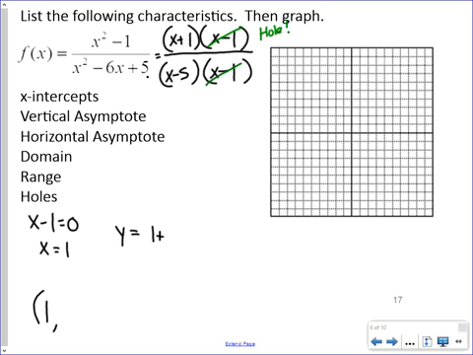So 1 plus 1, 1 minus 5. If you plug it back into the original problem, it's 0 over 0, and that's unhelpful. This gives me 2 over negative 4, which simplifies to negative 1/2.